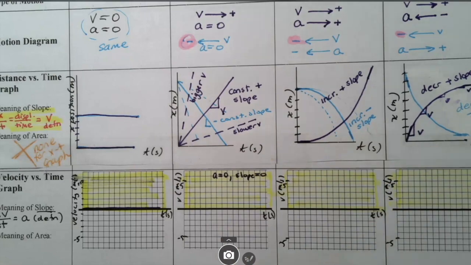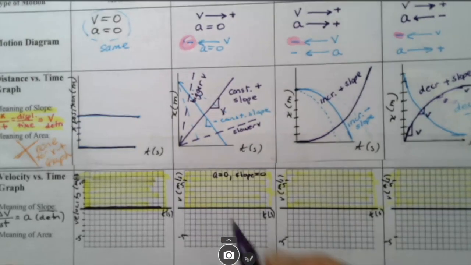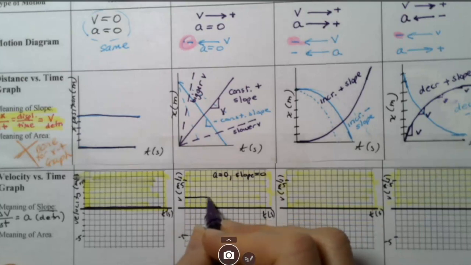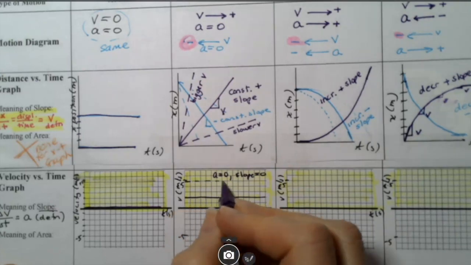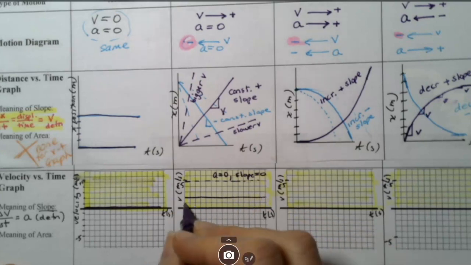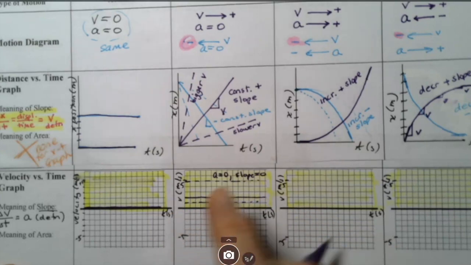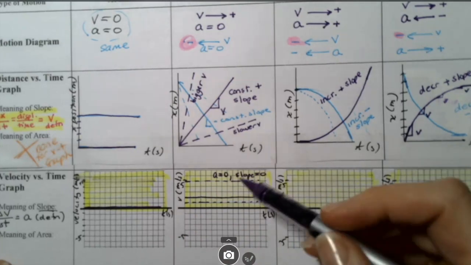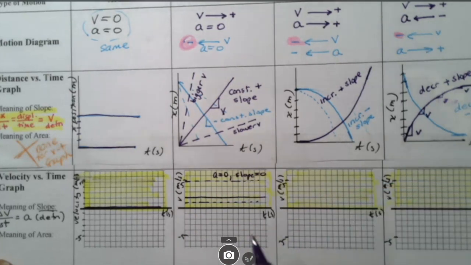A 0 slope is a horizontal line. So let's say I was going at a constant speed of 2 meters per second. Well, I would have a horizontal line at positive 2 meters per second. If I were going faster, maybe I'm going positive 5 meters per second. If I'm going slower, maybe I'm going 1 meter per second. All of these are moving away from the origin in the positive direction at a constant speed.